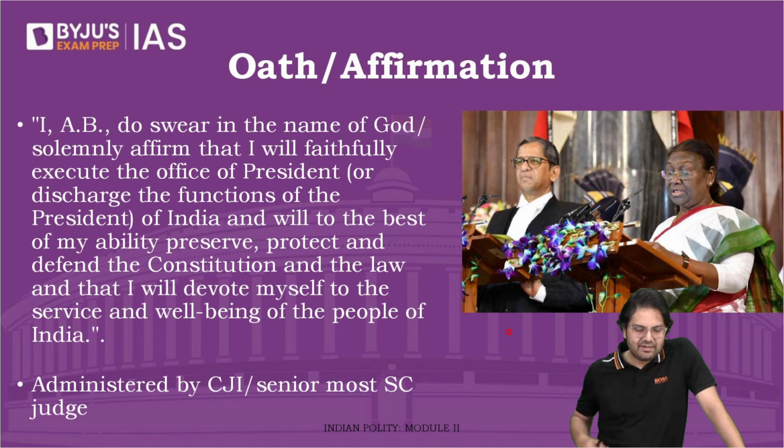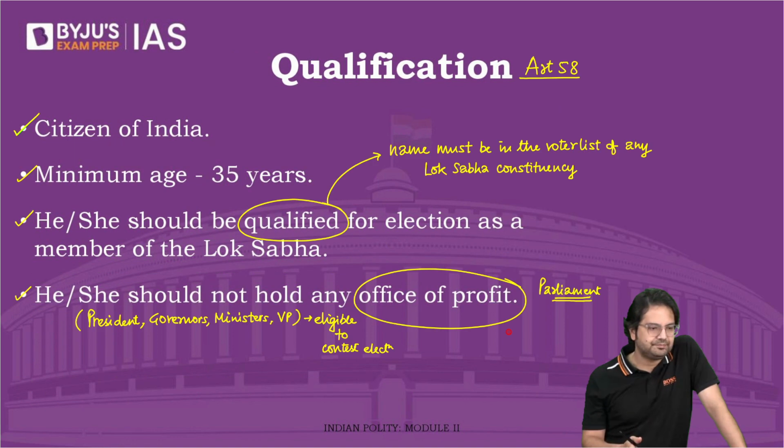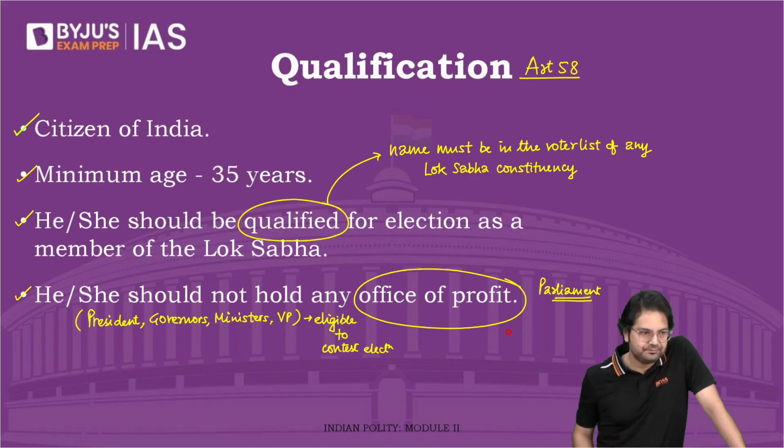Last point. Guys, I'll repeat once again that any person who is holding any post of benefit from the government, right? If you are getting any benefit from the government in any form, you are not allowed to contest elections. Simple. Clear? Third point.